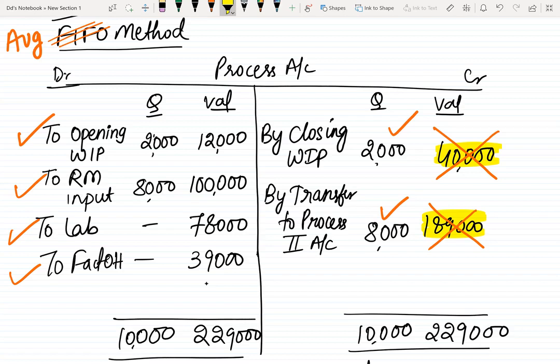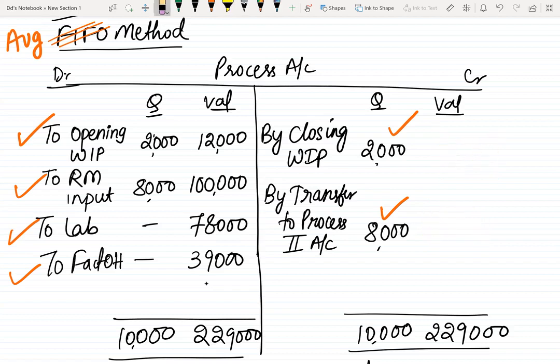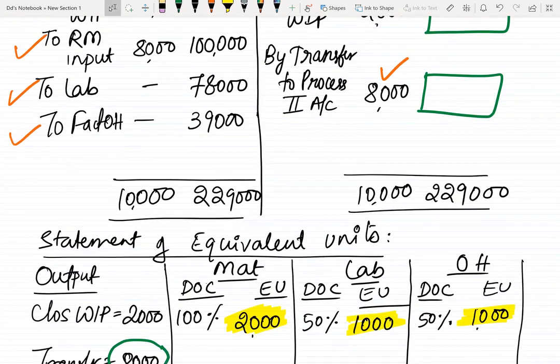Process account, all the items remain the same. Hope you have done till this. Okay, I'm erasing these numbers. This is what we have to calculate now. These numbers. Don't worry about the total, that will match.